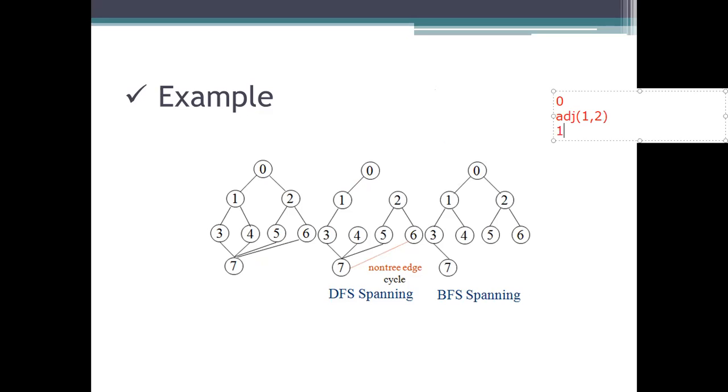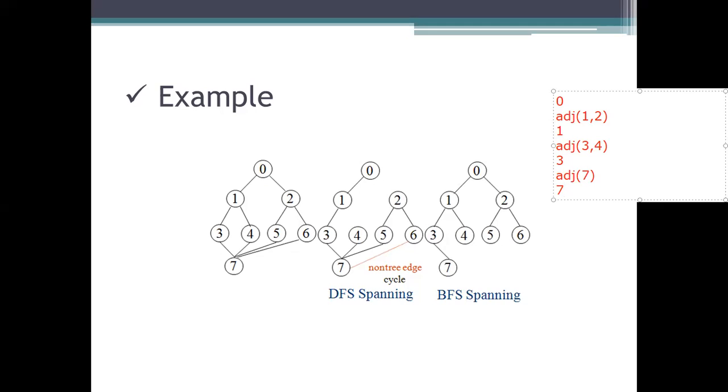We will visit 1. What is adjacent to 1? 3 and 4. We will visit 3. What is adjacent to 3? It has the child 7, which is unvisited.